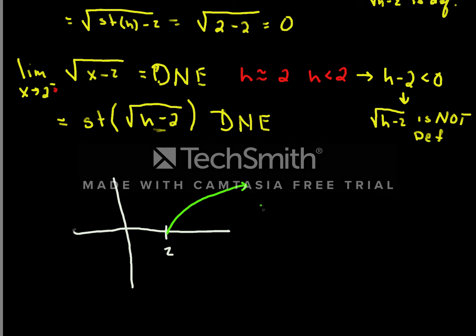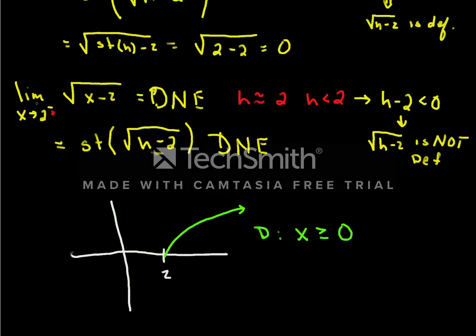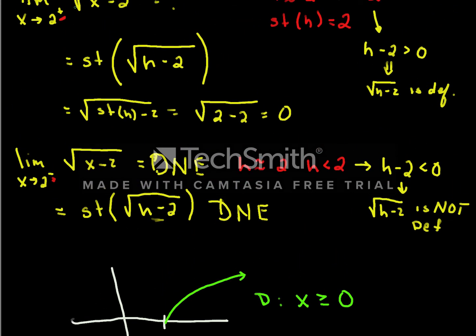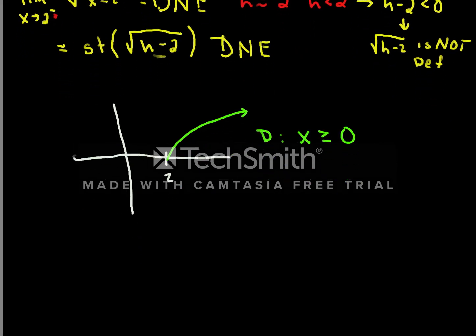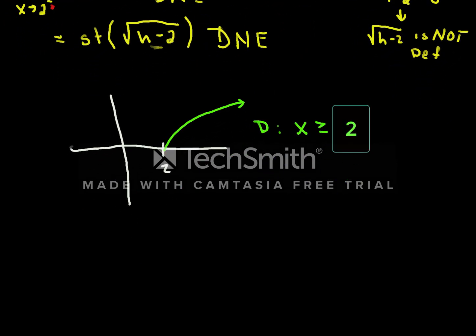And the domain is x bigger than or equal to 2. So when we took our limit, in the first part, we let x get close to 2 from the right, which means we're going this way. This was our limit as x approaches 2 from the right.